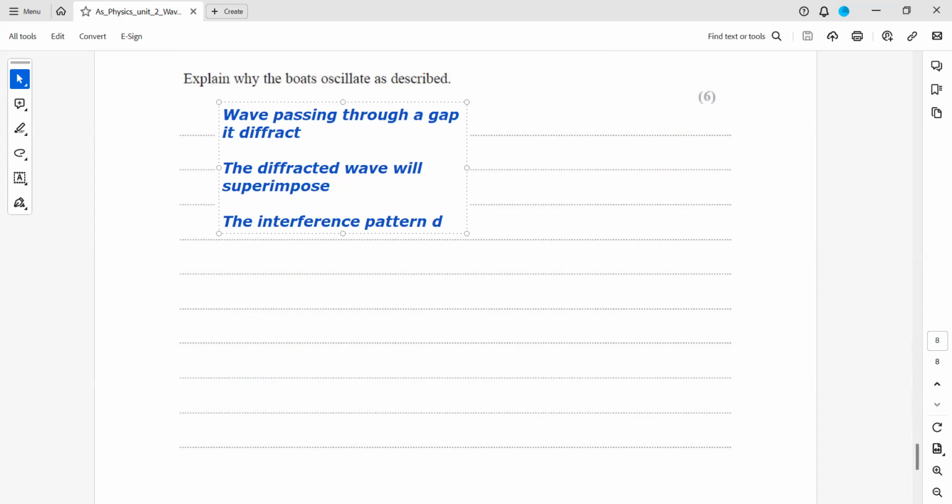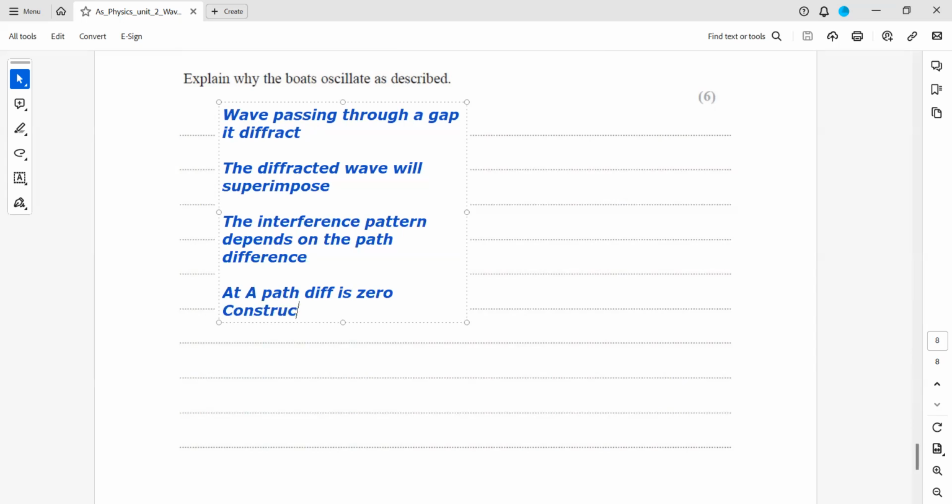At A, the path difference is 0, so in all cases it will have a maximum interference, or a constructive interference. So it will vibrate with the maximum amplitude.